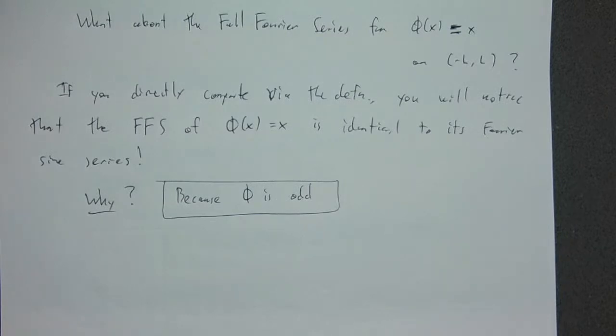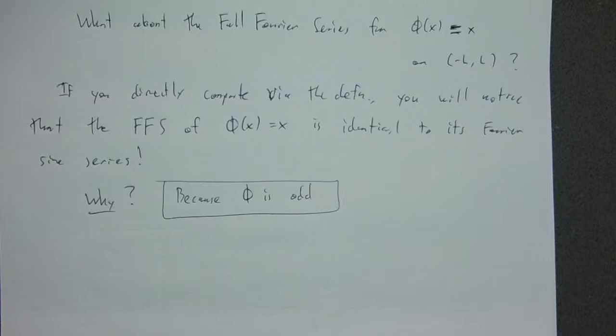Well, this meshes with our previous example, right, where the phi in question was just a constant function, which was even, right? And we saw that its full Fourier series and its Fourier cosine series agreed. They were the same, right? They were both this trivial series that had a single non-zero term in it, right? So because the phi was even, its full Fourier series and its Fourier cosine series were exactly the same.